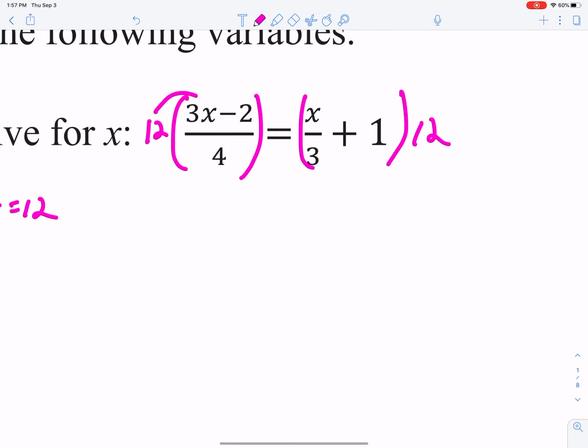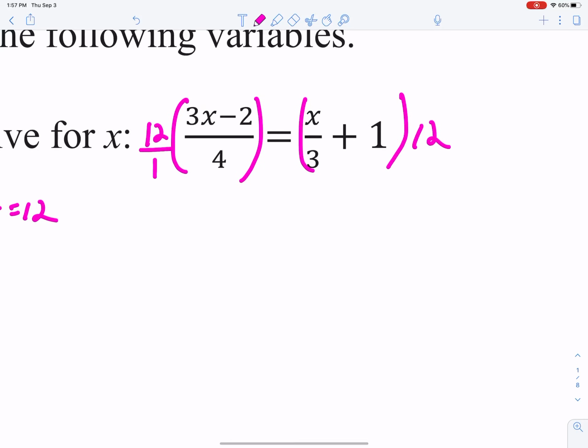You could distribute the 12 in there and then divide everything up, but that's a pain, right? Let's just divide 12 by 4. We're allowed to do that, right? Because technically 12, or any whole number, is a fraction if we put 1 underneath it. So 12 over 4 is 3. So there we go. So we have 3, and keep our parentheses going. Don't forget those parentheses.